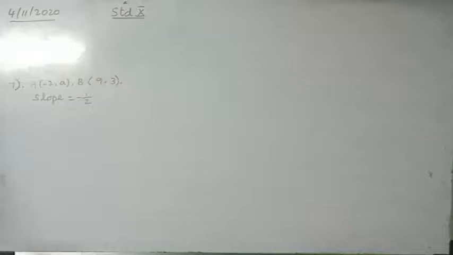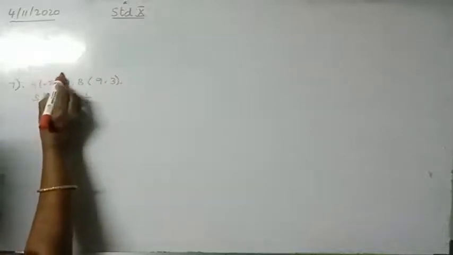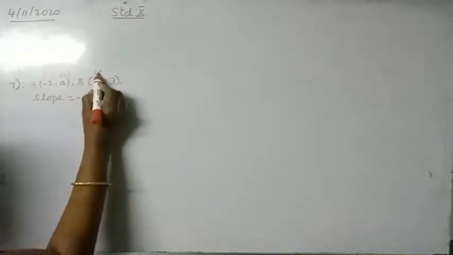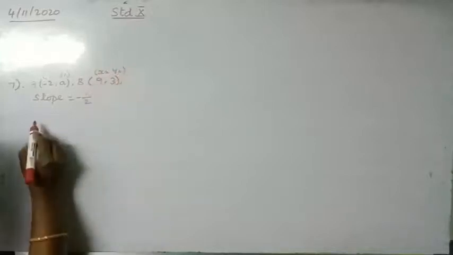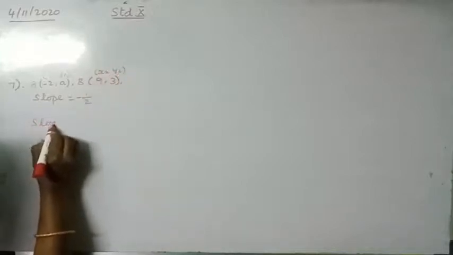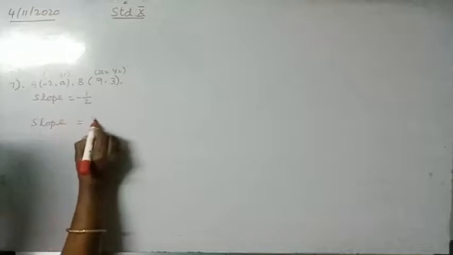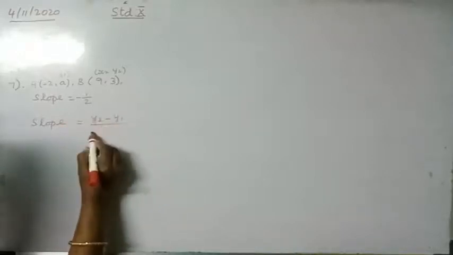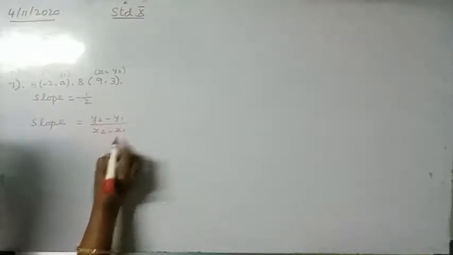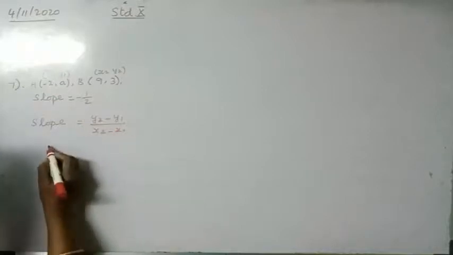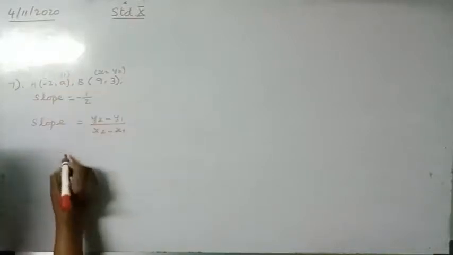So simple, take this as x1 y1, take this as x2 y2, then use the formula. Slope is equal to y2 minus y1 by x2 minus x1. So now apply the numbers here.